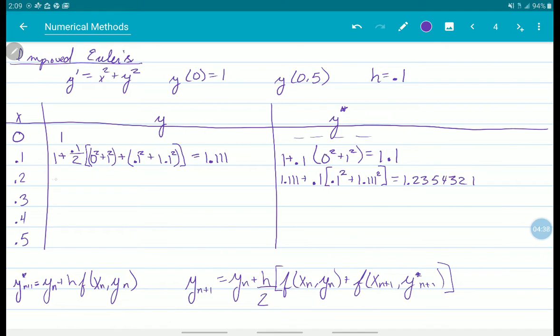So then this guy, using that y sub n plus 1 formula, is that last y plus h over 2 times, it says, the previous x, y in the differential equation. Previous x is 0.1. Previous y is 1.111.